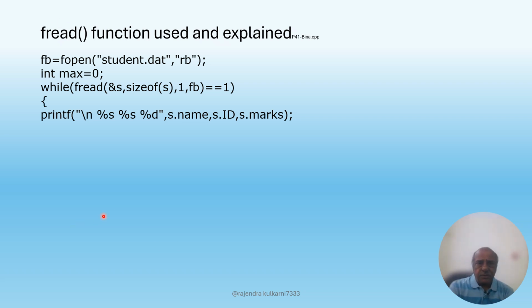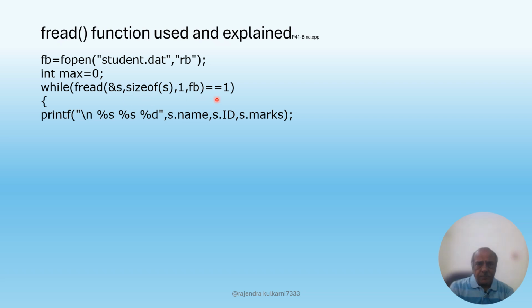Now the fread function has the same format as the fwrite function. Into the bracket we have to write the address of a structure variable. Here it is named s, ampersand s, then size of that variable, and 1 and fb, the pointer to the file student.dat.